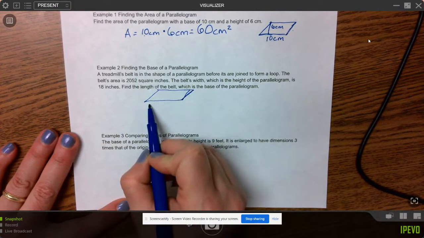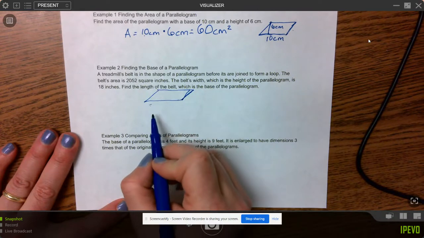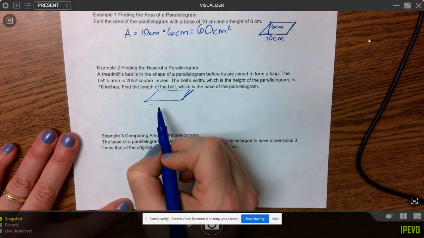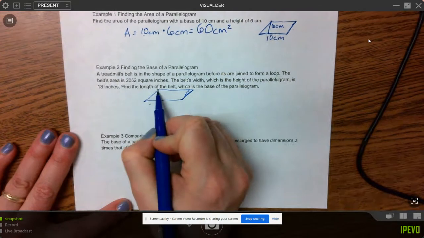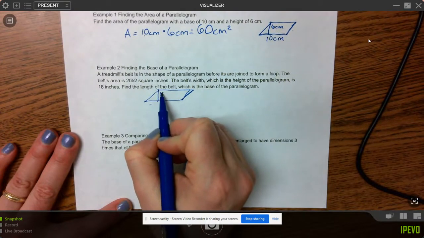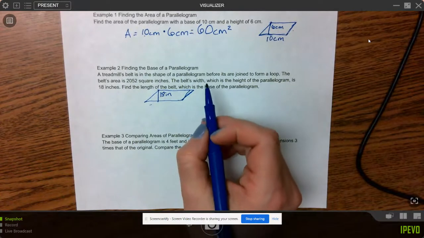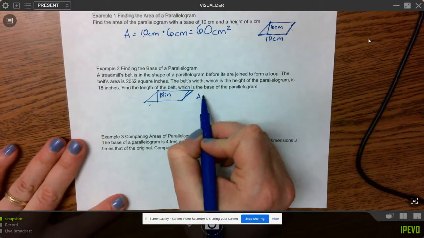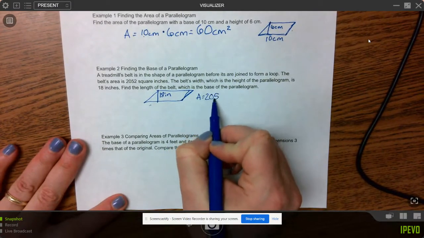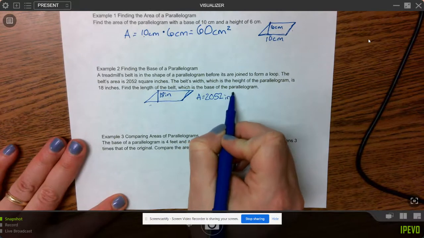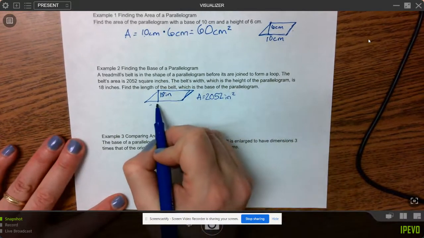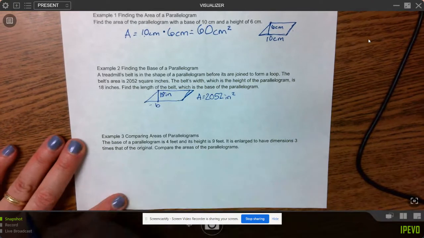We don't know the base. Our height is 18 inches, and we know the area equals 2,052 inches squared. We want to find our base. That is our question.